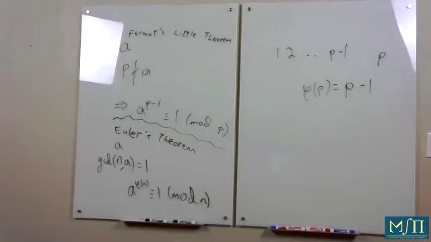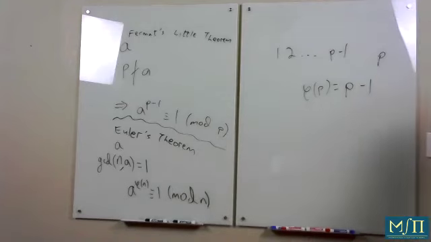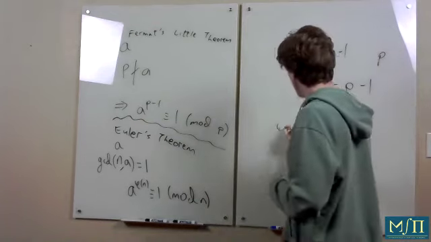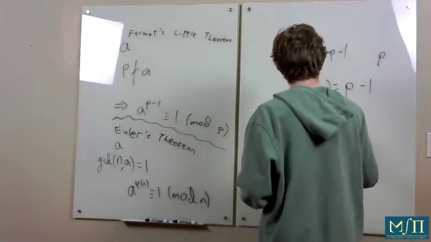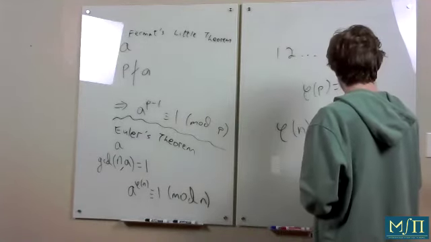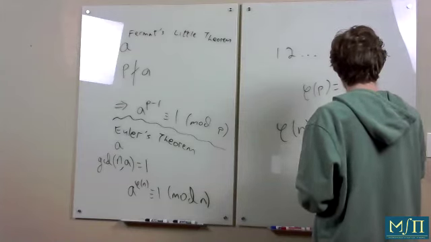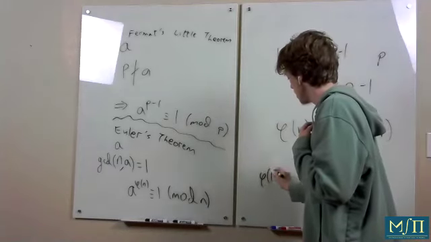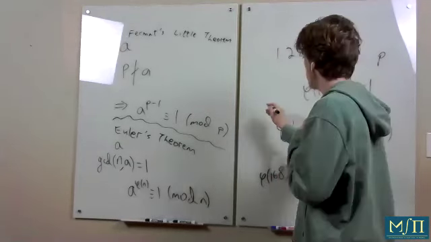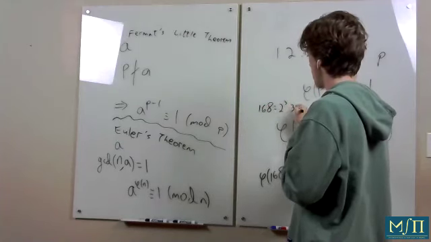Yeah. And if you're wondering how to compute this in more generality, there's a formula that's known. Phi of n is n times the product over all primes p dividing n of 1 minus 1 over p. So, for example, phi of 168, well, 168 is 2 cubed times 3 times 7.